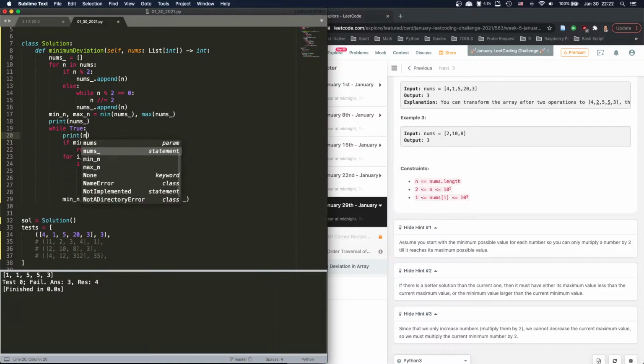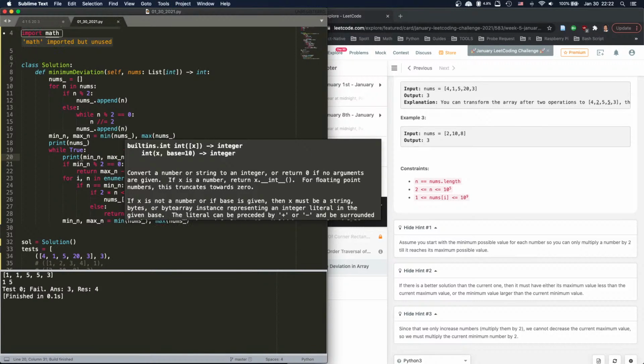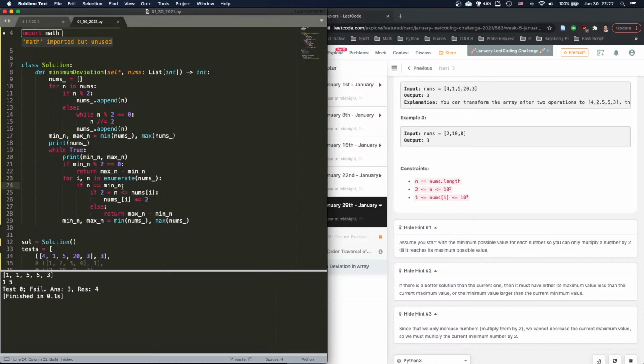And let's check min and max. Min n and max n is 1, 5. Good. And if it's not, so we're actually doing it. n equals min n, yes. And then we check 2 times.